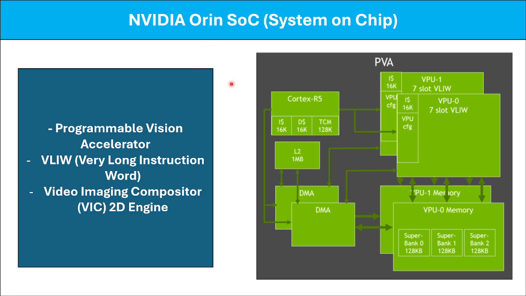On the next slide, we have another part of the third block. It's a PVA. PVA means Programmable Vision Accelerator. It has some kind of core. I'm not familiar with this. Core Cortex R5, some instruction cache, some data cache, TCM.